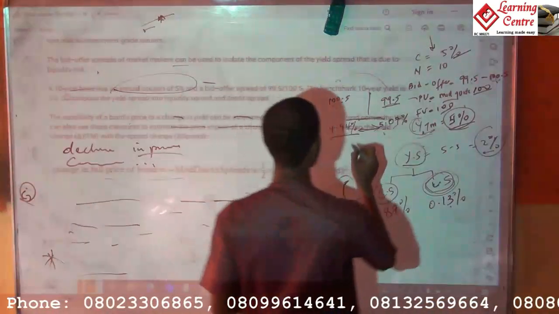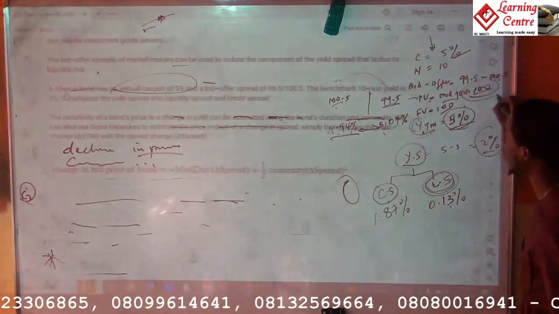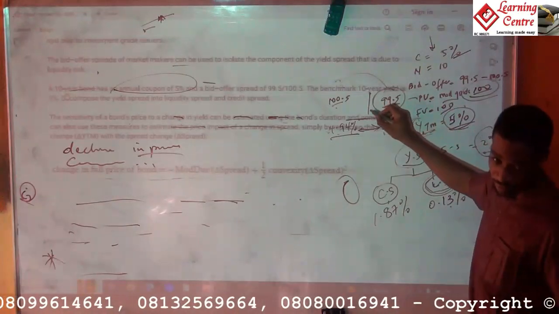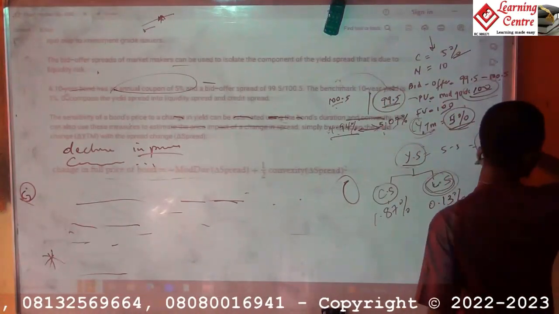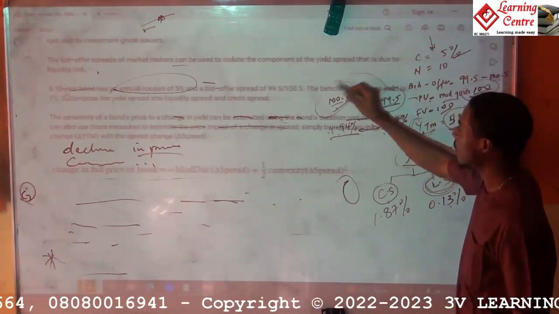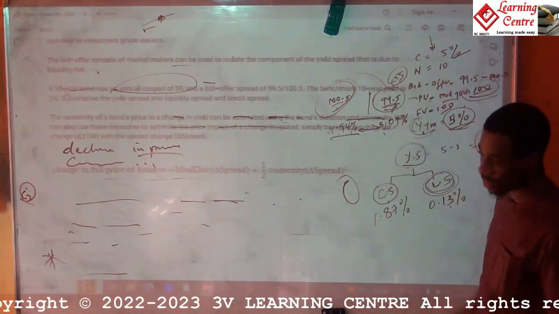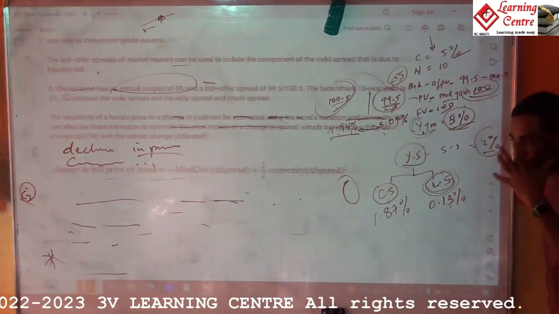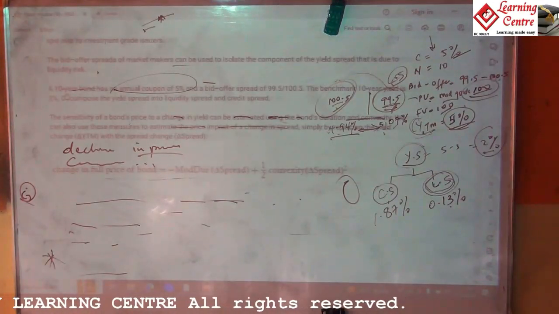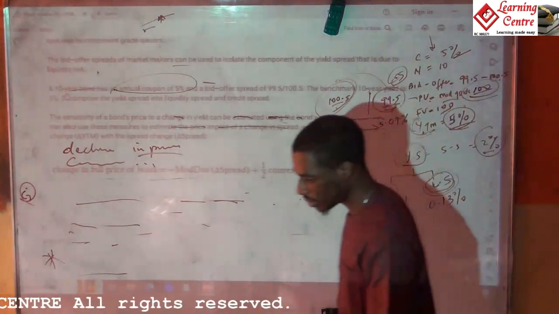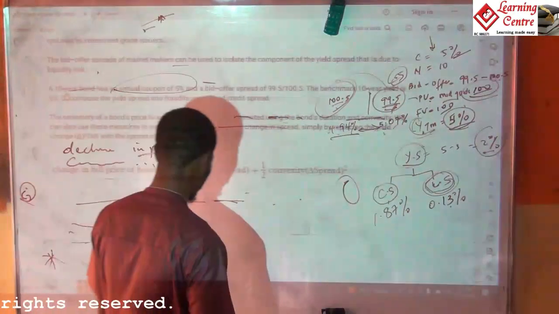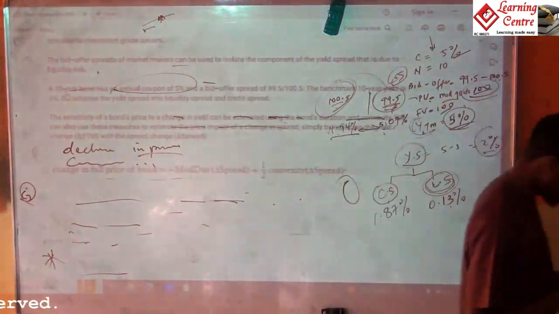So something that's worth 100 naira, people are willing to buy at 99.5, and they will sell the same issue to you at 100.5. This 0.5 is the liquidity spread, the compromise in price the seller will suffer. Any question?